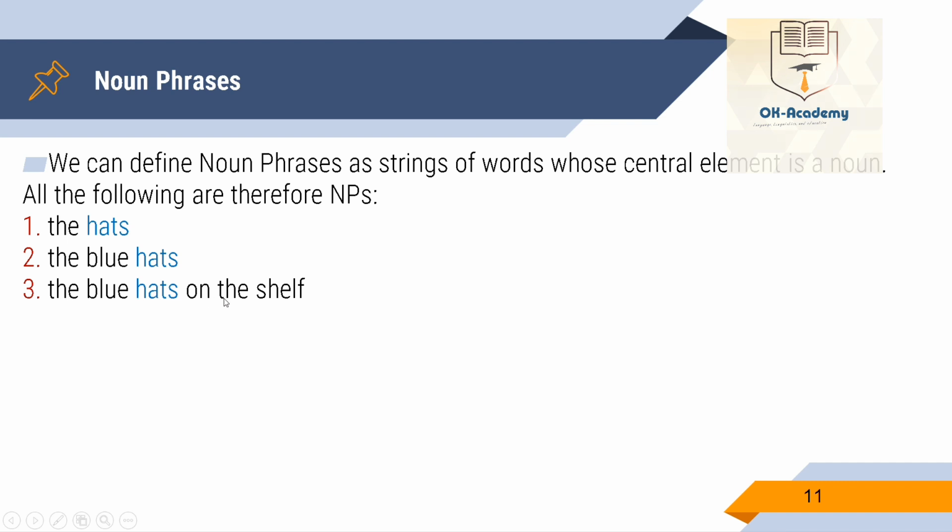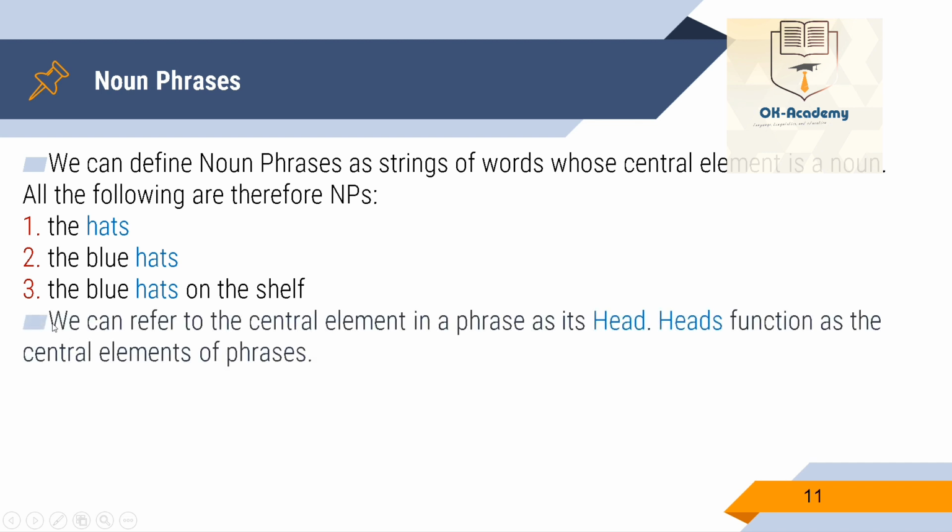As has been mentioned before, a noun phrase is a string of words whose central element is a noun. So the words the, blue, on the shelf, all these words together serve the word hat. They all give more information about the hat. So this phrase, 1, 2, 3, 4, 5, 6, all 6 words together are considered to be a single noun phrase.